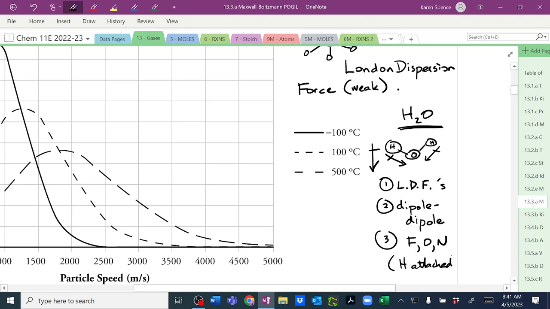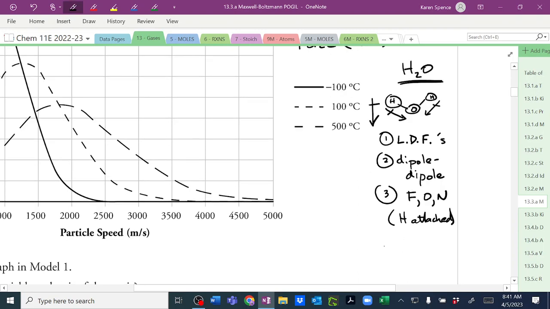We also have hydrogen bonding. Hydrogen bonding is one of the strongest IMFs.